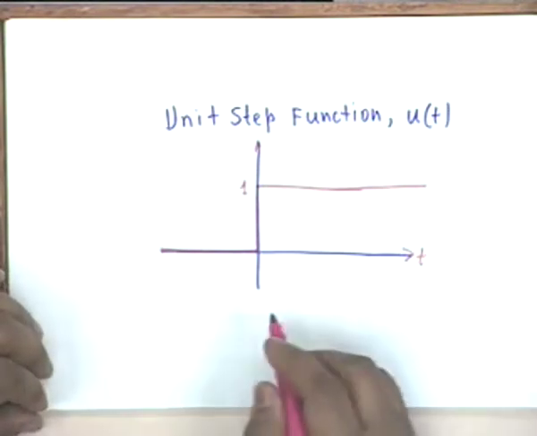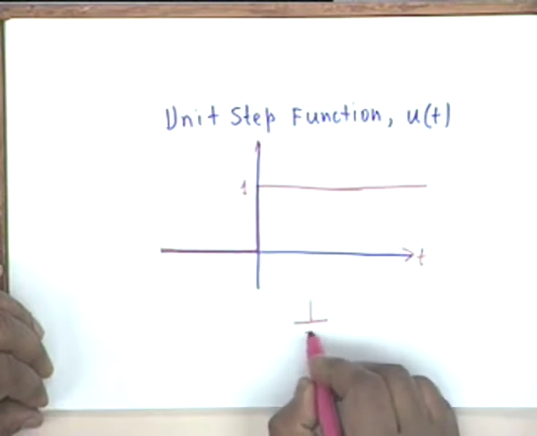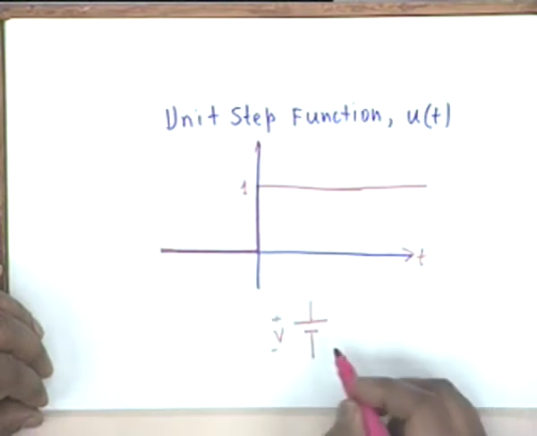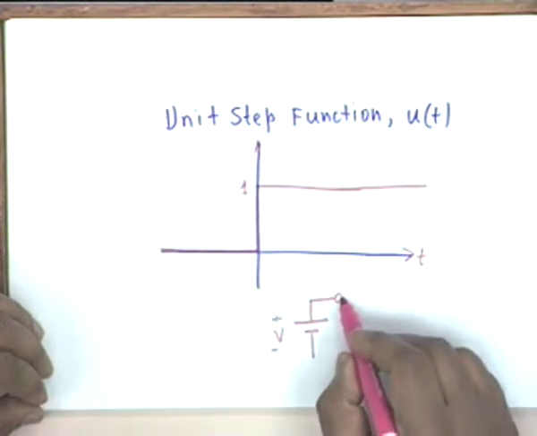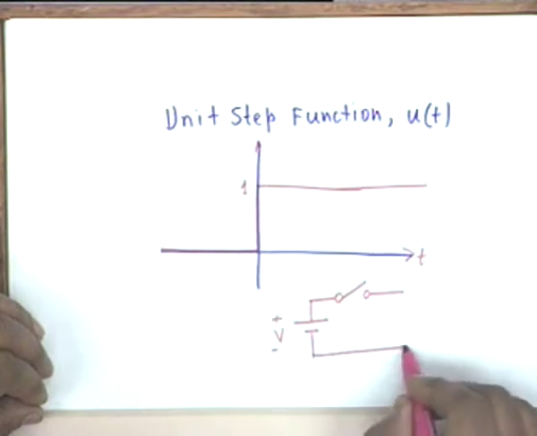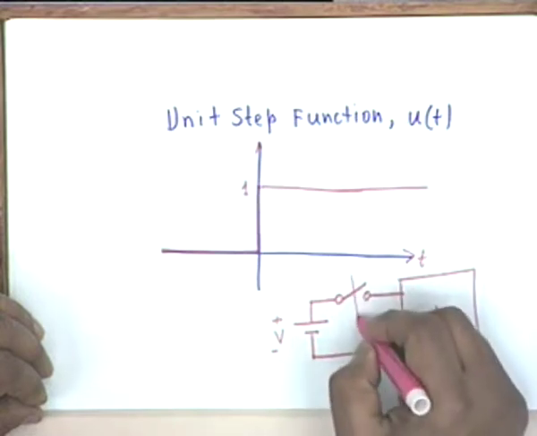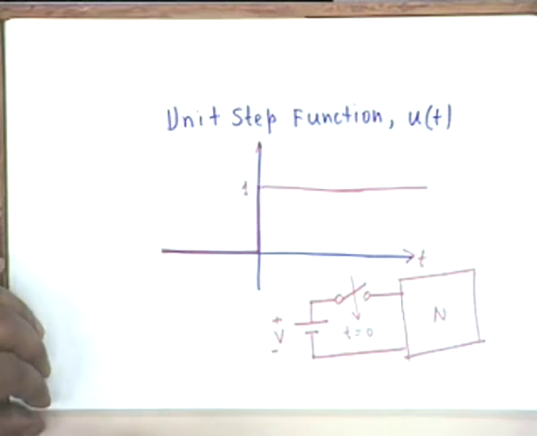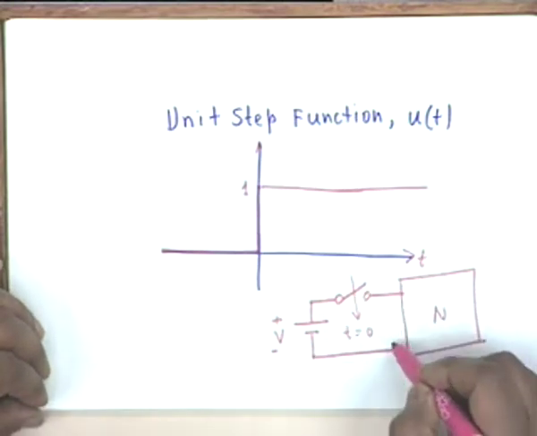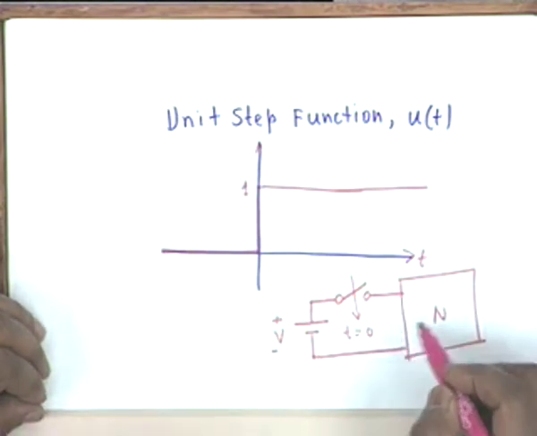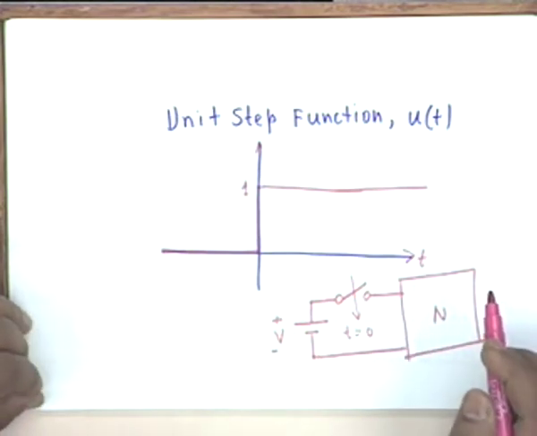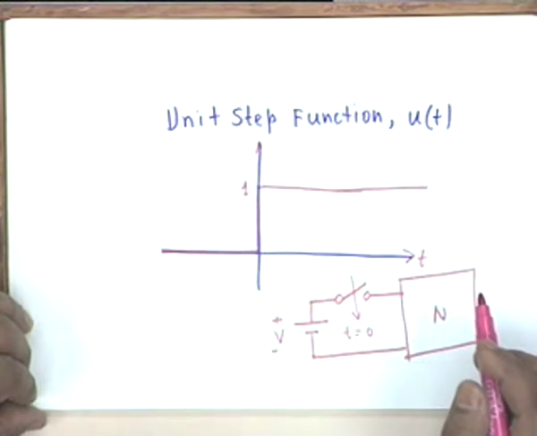Well, as you see, if you switch on a battery V to a circuit, some circuit capital N, at t equal to 0, then what you are applying here is a step function of magnitude capital V. Is that clear?